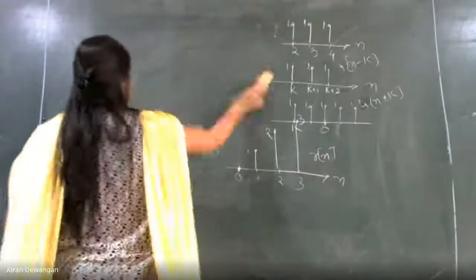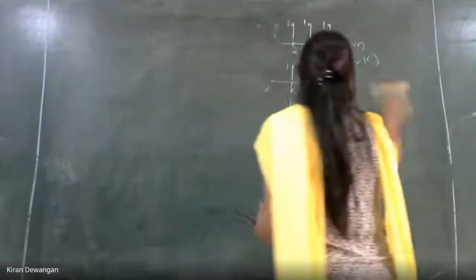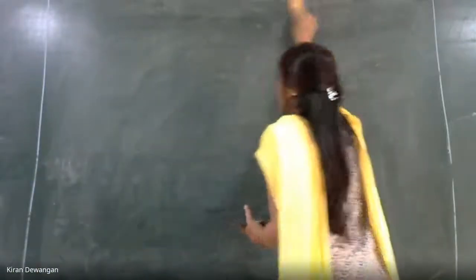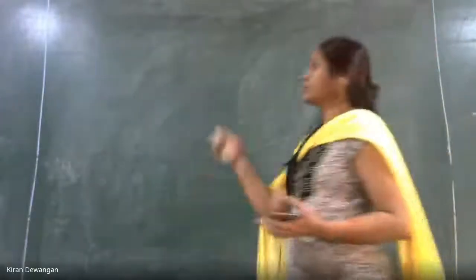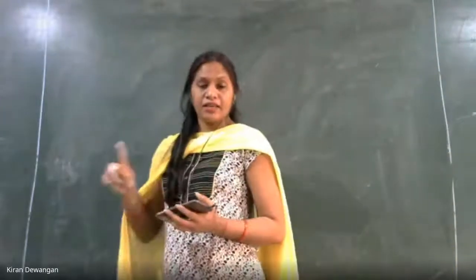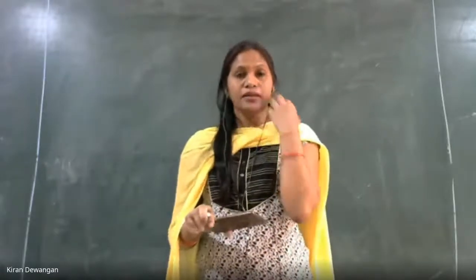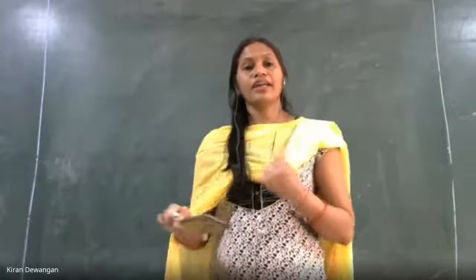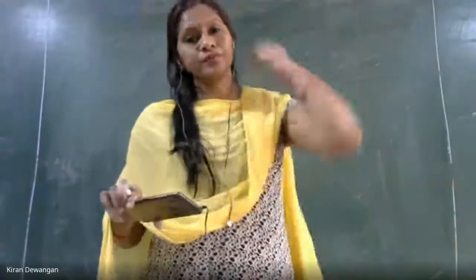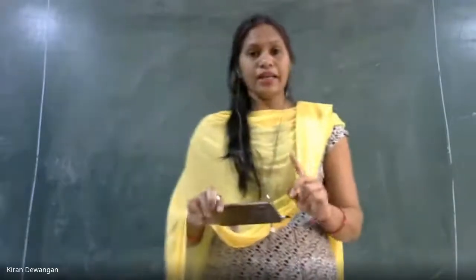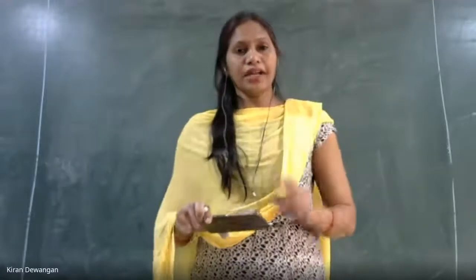No one has any idea about that. What is r of t? r of t क्या है? It is t for t greater than or equal to 0. What is u of t? It is 1 for t greater than or equal to 0. So accordingly, can we just relate these two?